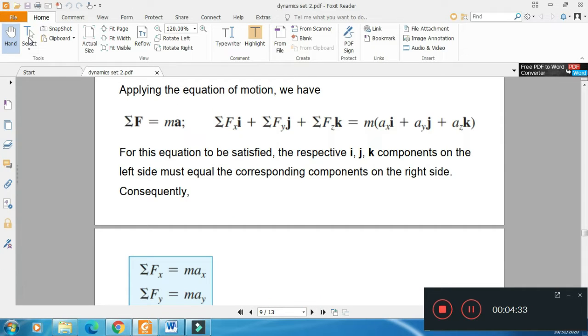This is the vector equation summation F equal to ma. In the nomenclature of the book, as we have described before, the bold symbol is for a vector. So this is the vector equation summation F bold equal to m multiplied by a bold.